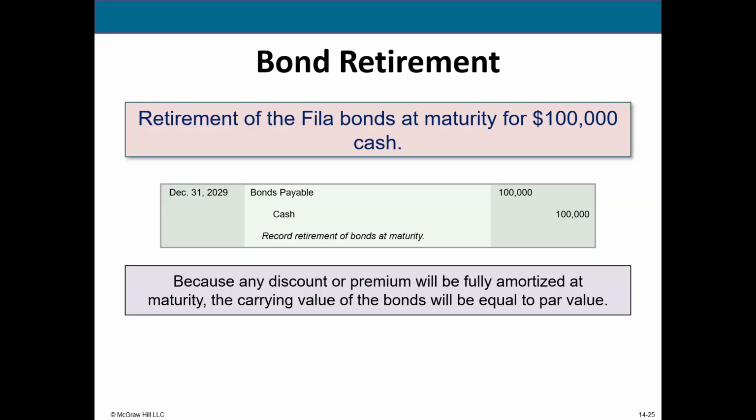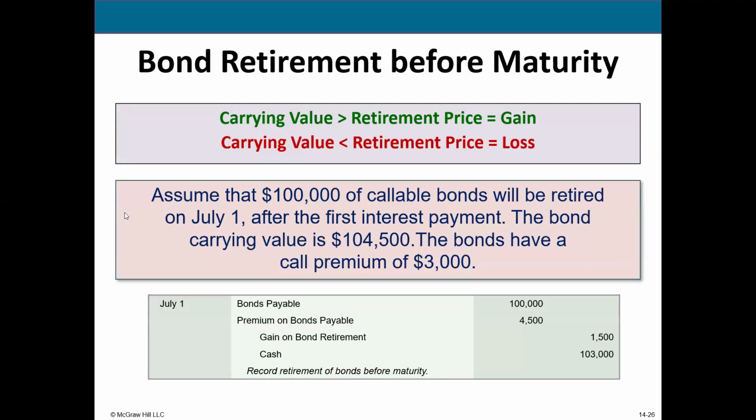Now sometimes a bond could be called, meaning it is repaid before it matures. When this happens, the company ends up saving itself some interest expense if it decides to repay the bond to the bondholder before the bond matures. We call this retirement before maturity.